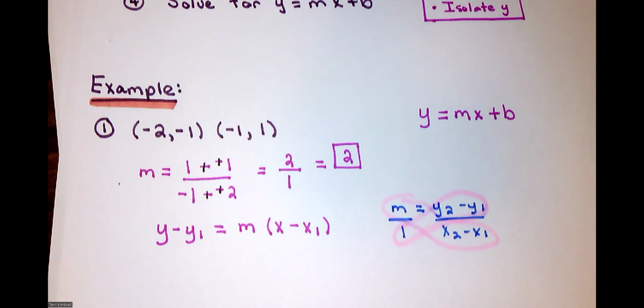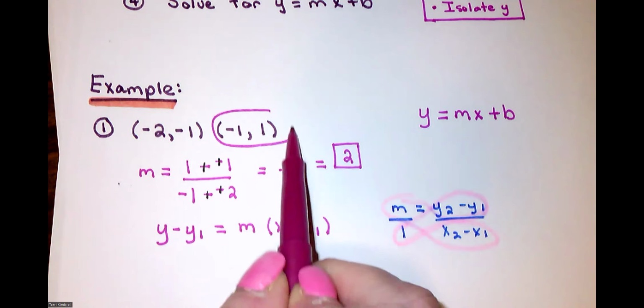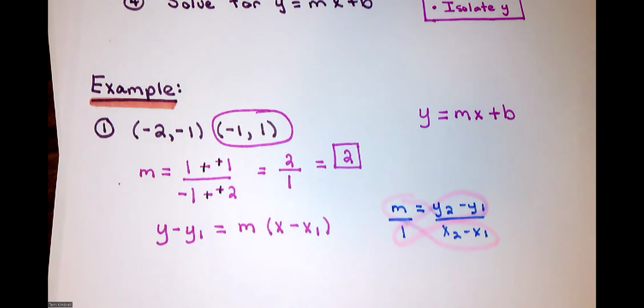And make sure you drop your subscript of the 2's because you don't need that. You only need one ordered pair. Both ordered pairs are going to be on the line, but we only need one of those. So you can pick either point. I'm just going to circle that one.